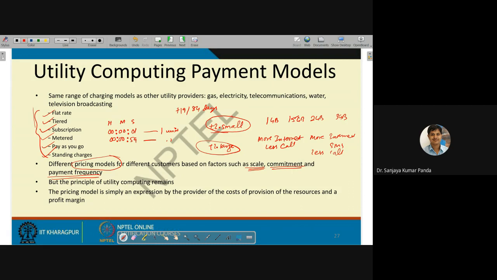Let's say for a T2 small instance, they assume the cost is, let's say, $1 per day. I'm giving a rough example. They will add some profit margin and can provide it at, let's say, $1.2 per day. So all the resources are provided like that by adding the profit margin.